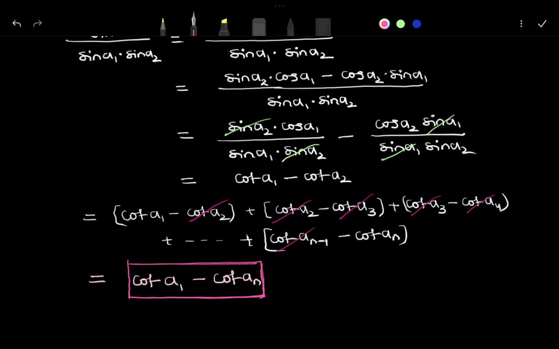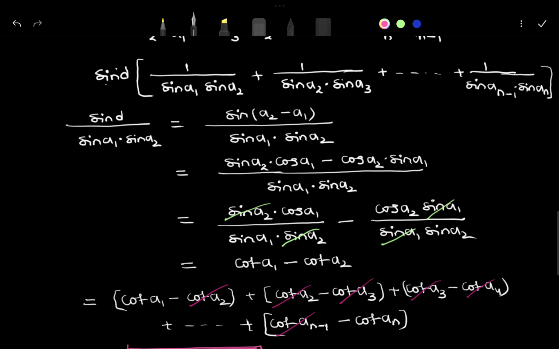Once again, see what we did: multiply sin d with the first term and simplify, and the result is cot a1 minus cot a2, where the denominator of the first term is sin a1 into sin a2.